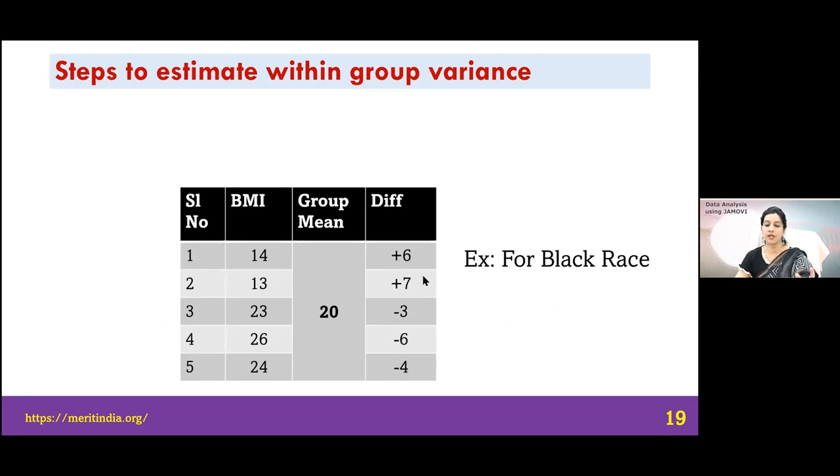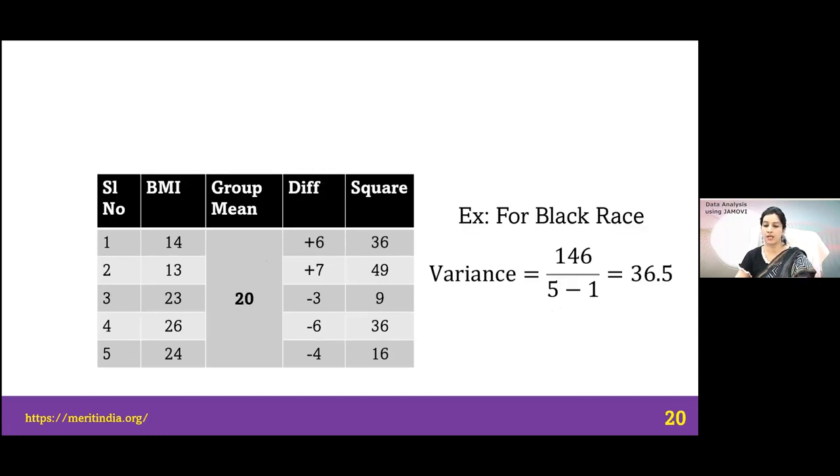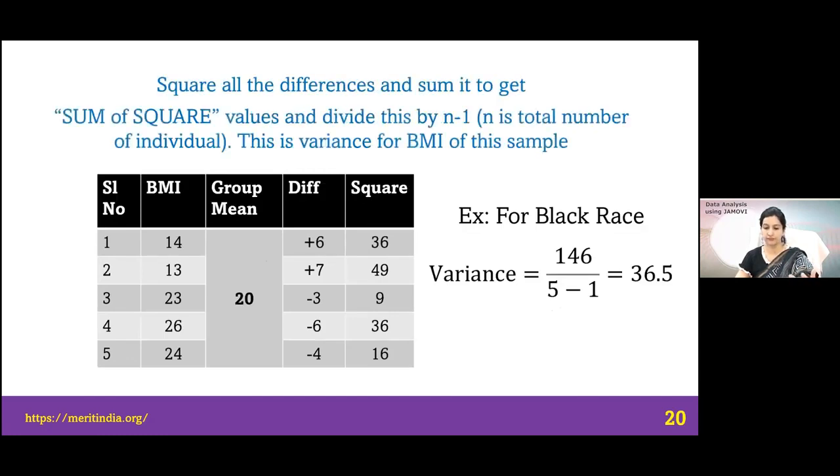But if you square it, everything will become positive, and then you sum it up and divide it by n minus 1. That will give you the within group variance. The difference value simply tells you how far the individual value is from his or her group mean, and if you square it, this will be the variance. That's why we call it the sum of squares, and we did it in descriptive statistics also.